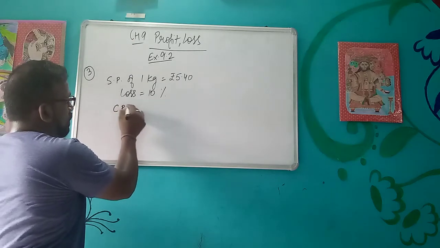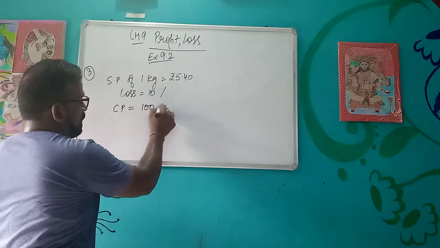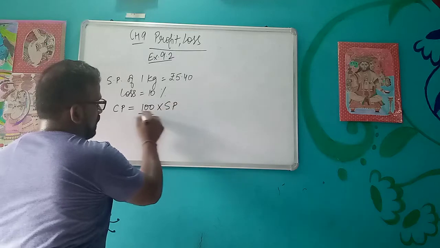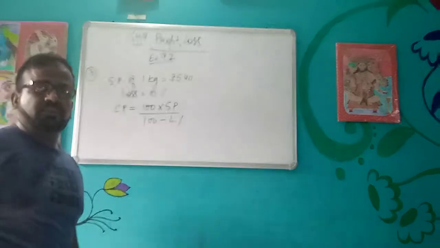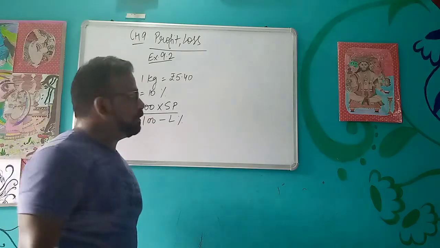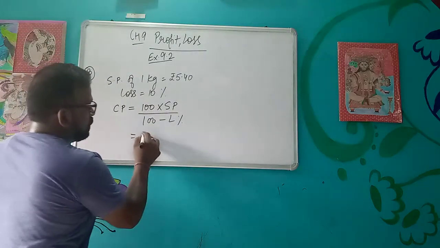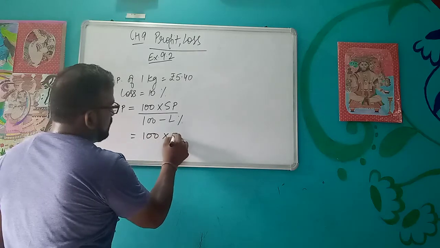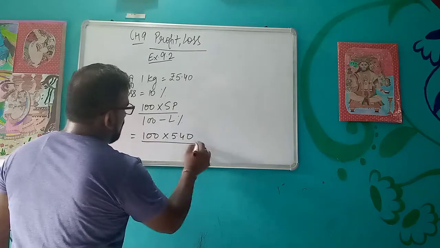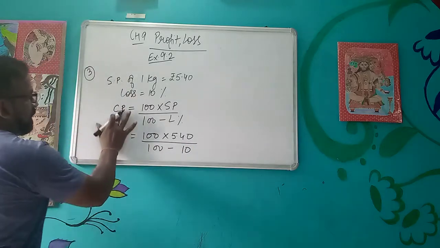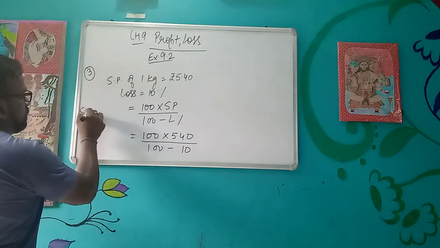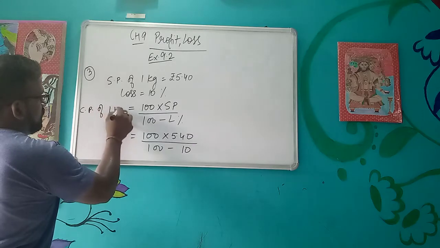So what is the formula that I have told you? 100 into SP upon 100 minus loss percent. So this formula we are going to use now. You just put the values. SP is 5.4 and 100 minus 10. And this CP we are calculating of what? This is the CP of 1 kg.